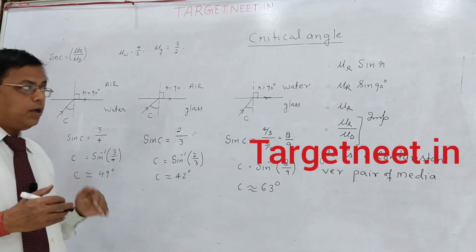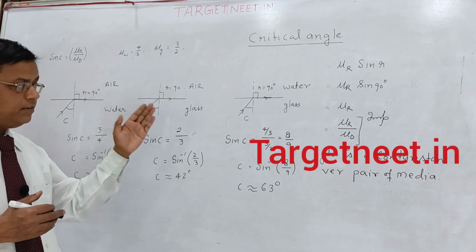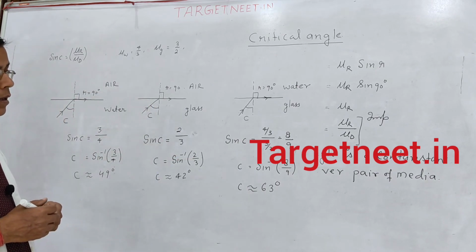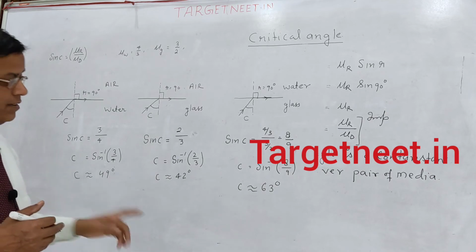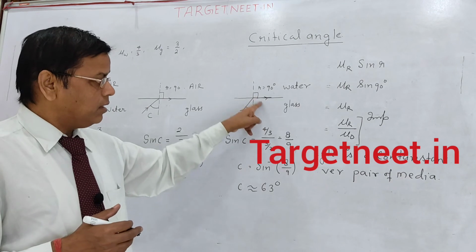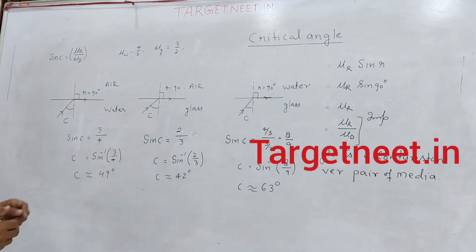If the angle of incidence is greater than 63 degree, then this light will come back in the glass, and that phenomenon is called total internal reflection. I will take it later on.